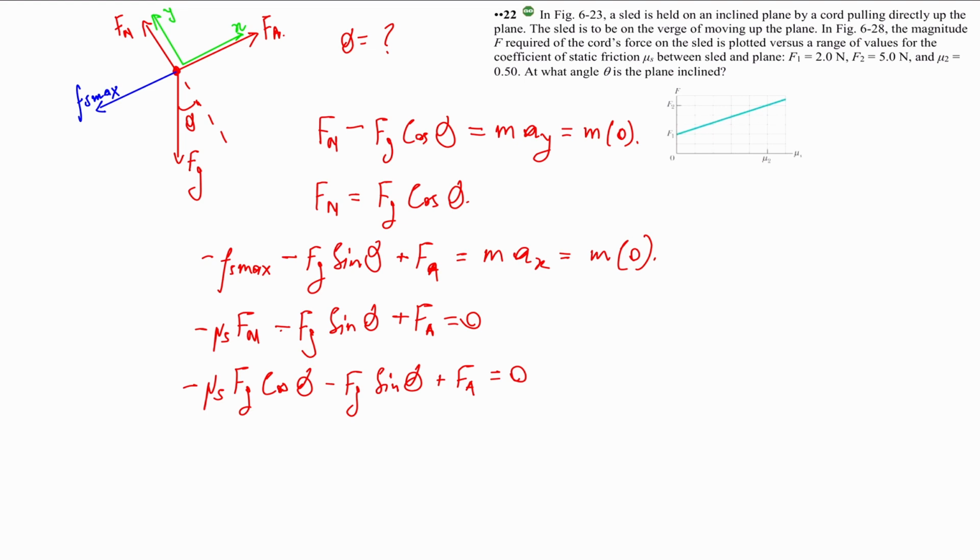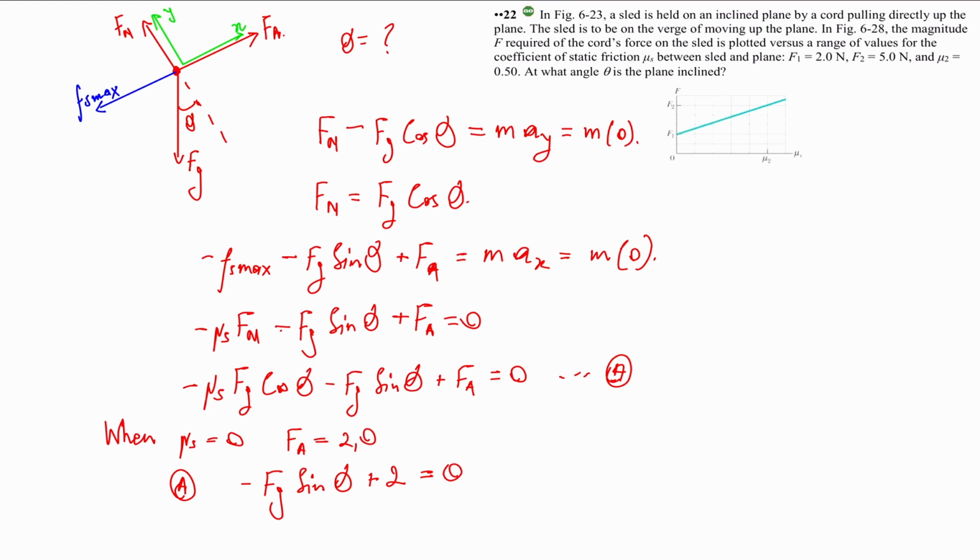When mu s is equal to 0, I'm going to write it down just for clarity. When mu s is equal to 0, Fa is equal to 2.0, which means this equation, I'm going to call it equation A, takes the form minus Fg sine theta plus 2 is equal to 0.